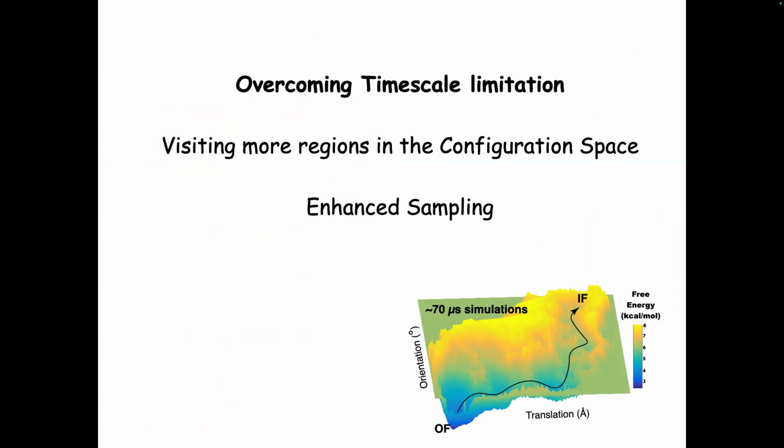Okay. So, overcoming the time scale limitation, as I said, that's a major limitation in the business. We want a system, for example, a transporter, to go from outward facing to inward facing on this sort of simplified energy landscape. But you can see it's a very rugged landscape, and there is a minimum energy path you can recognize, but still the system has to randomly explore the phase space almost completely, with other degrees of freedom, to be able to travel over many microseconds or milliseconds or even longer to the other side.